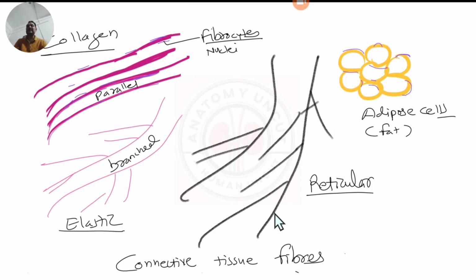These kinds of cellular parenchymal organs are supported by these reticular fibers over which your cells will reside. Now, if you observe, the collagen fibers are thick, running parallel to each other in bundles, whereas there is a branching that you see in the case of elastic fibers as well as reticular fibers.